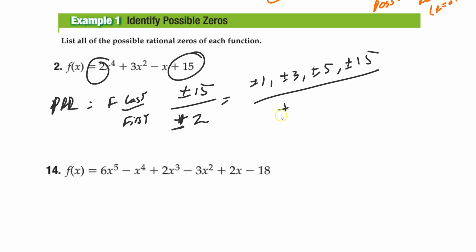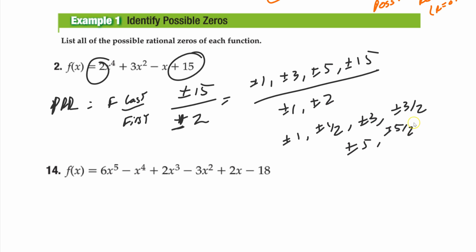Factors of 2 are plus and minus 1 and plus and minus 2. So now we're going to do all the combinations. So 1 over 1, 1 over 2, 3 over 1, 3 over 2, 5 over 1, 5 over 2, 15 over 1, and 15 over 2.